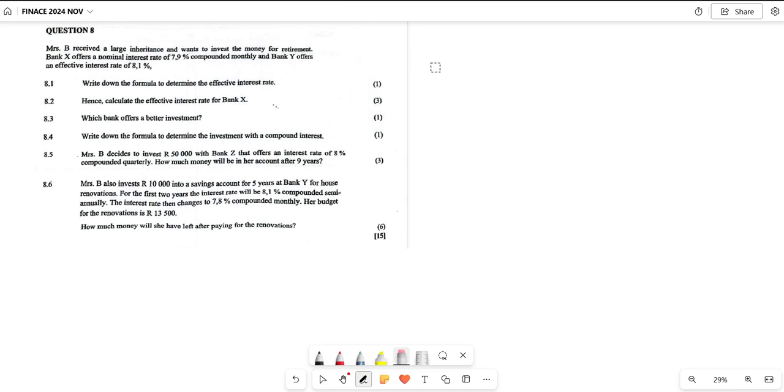Candidates, please in this regard, use your formula sheet. In the formula sheet under finance, growth and decay, there is a formula that can be used to determine the effective interest rate.